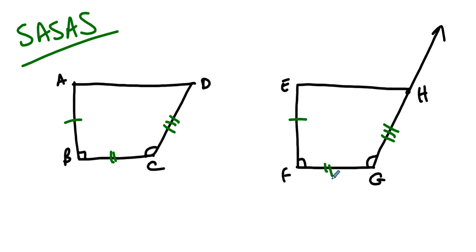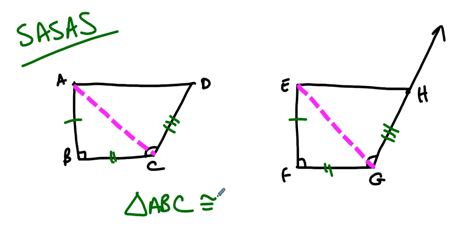Now, we can prove this in a rigorous way, and so I'll give it a try. Let's draw this diagonal in. Let's draw this diagonal in. You can convince yourself that triangle ABC is congruent to triangle EFG, right?